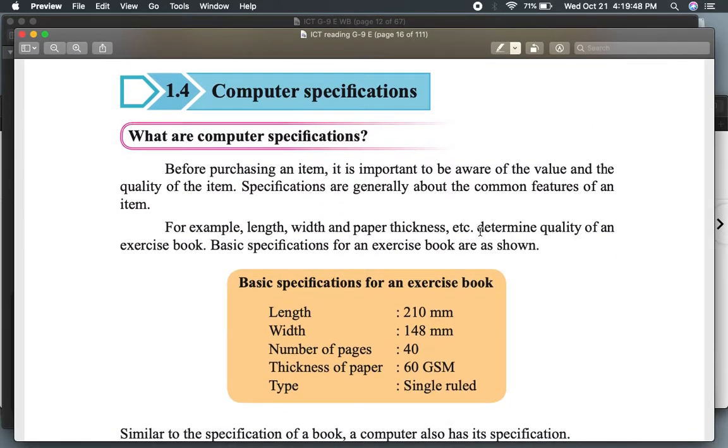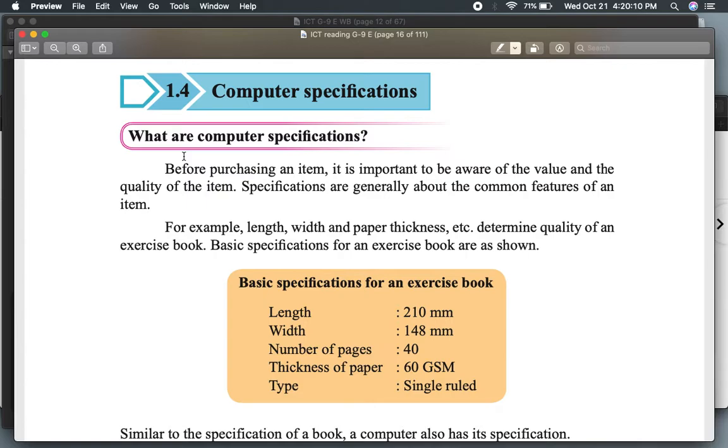Then we come to topic 1.4, computer specifications. What are computer specifications? Before purchasing an item, it is important to be aware of the value and the quality of the item. Specifications are generally about the common features of an item.